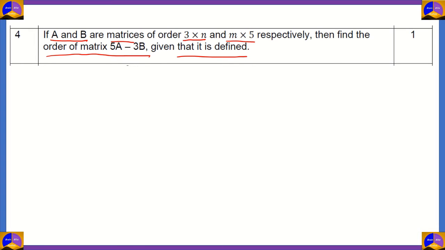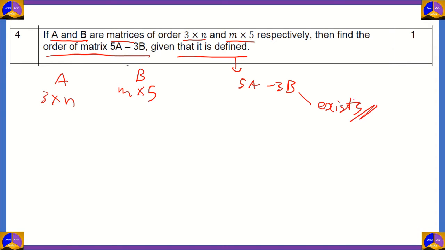So, in this question, the order of the matrix A is 3 times n, and the order of matrix B is m times 5. Now, the question says that 5A minus 3B is a matrix that exists, so it is present.